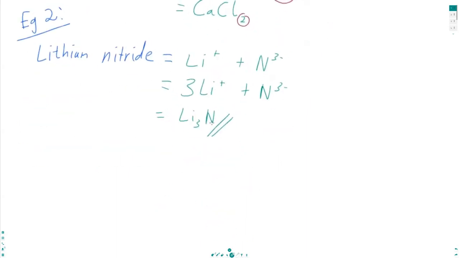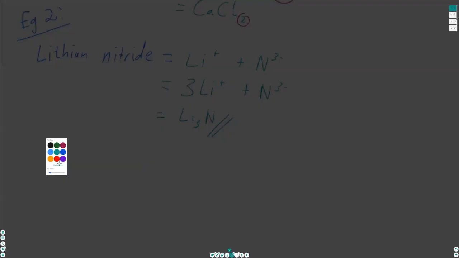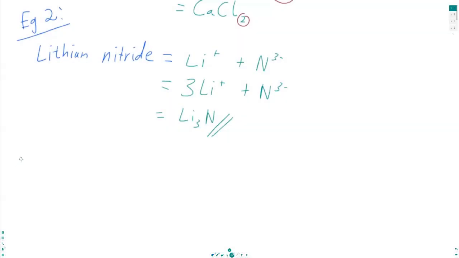I'm going to give you one more, and this one's interesting because it's a transition metal, but they've given you the ion to use, so it's fine. This is the final example that I'm going to give you: iron 3 chloride.